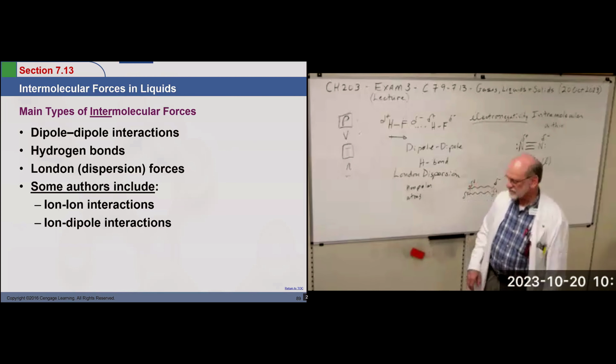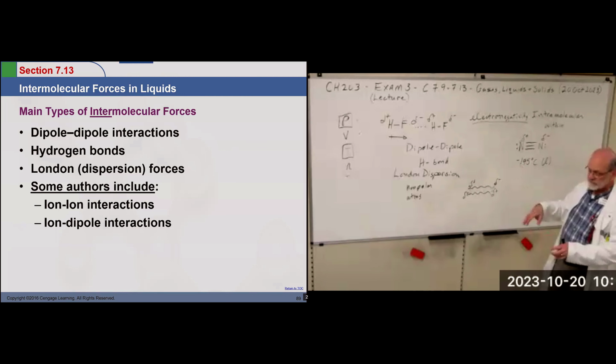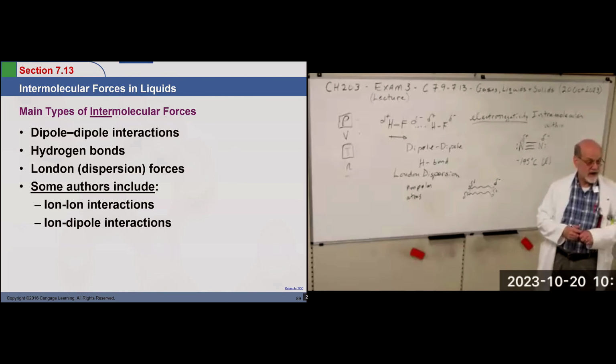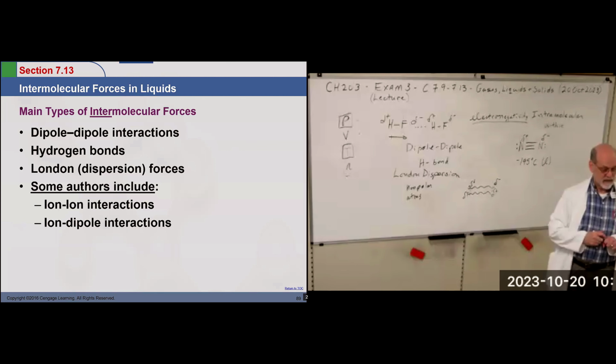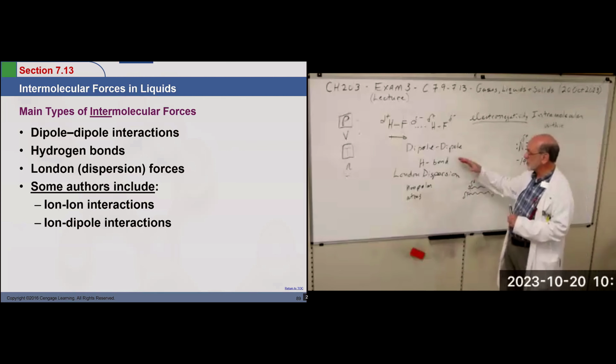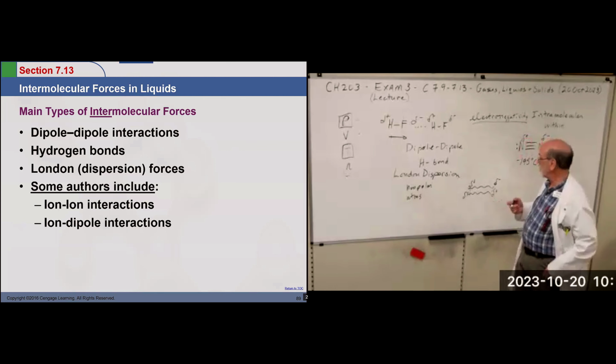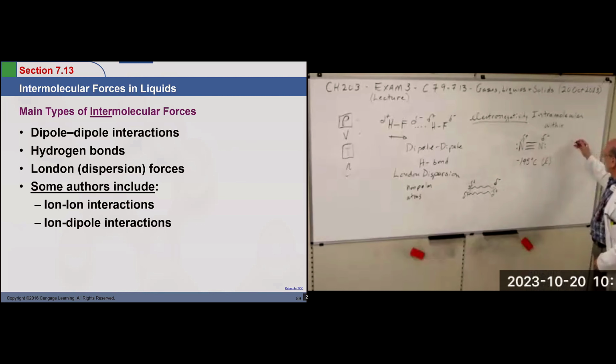Okay, there are other possibilities. You can get ions attracting ions. You can get ions attracting through dipoles. That's why when you put solid sodium chloride in water, an aqueous solution, it goes right into solution, no problem.